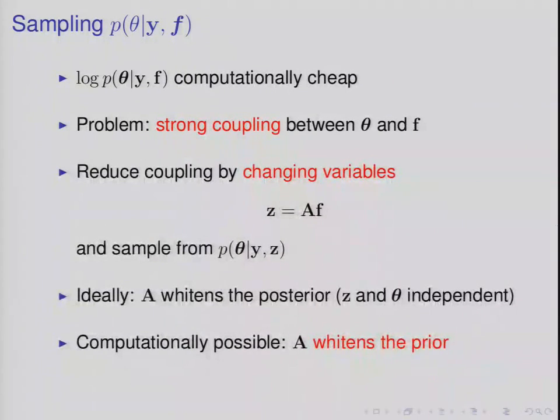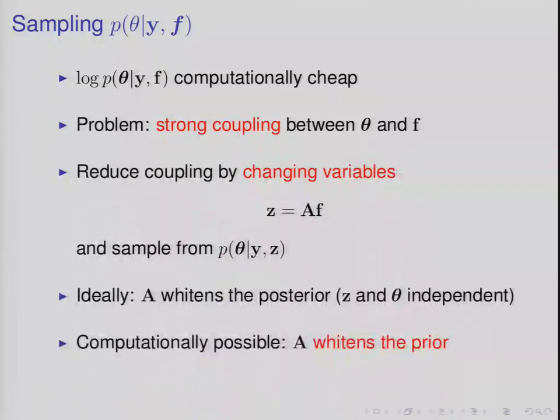But of course we cannot compute the posterior covariance matrix, so we cannot whiten the posterior. But because in Gaussian processes there's a lot of structure already in the prior, maybe whitening the prior distribution already helps enough. The prior distributions are again easy to compute, and we can whiten them.